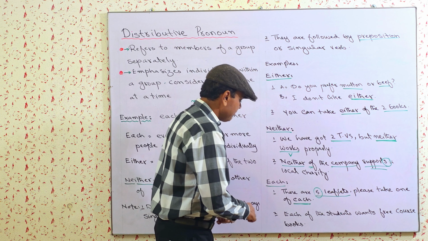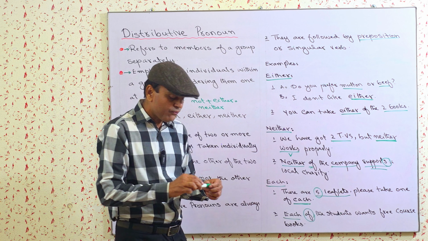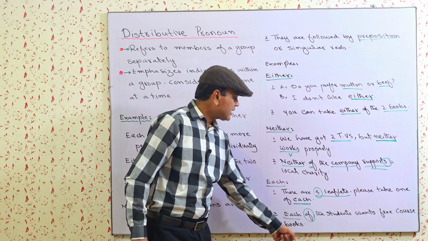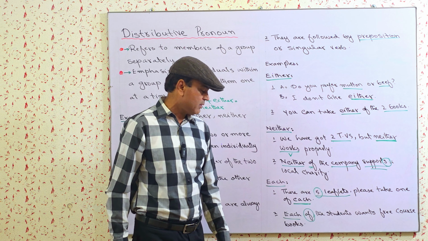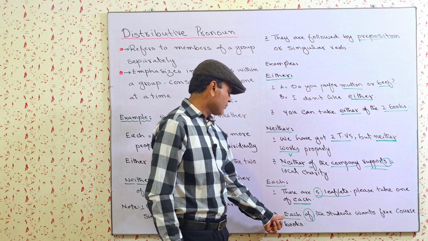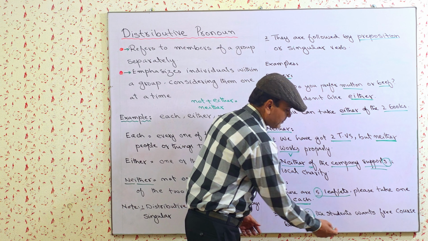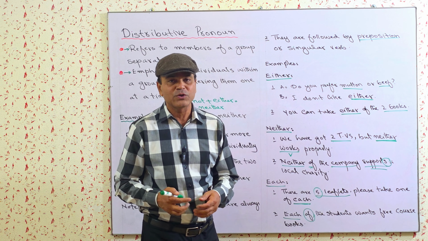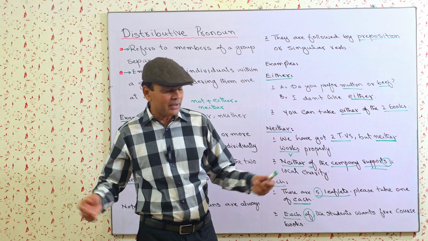Now in the second example, again, each of. Of is a preposition. We have already talked about it, that it can be used all alone, but can also be used with a preposition. So each of the students, so students are more than 2, and each one of them means separately.